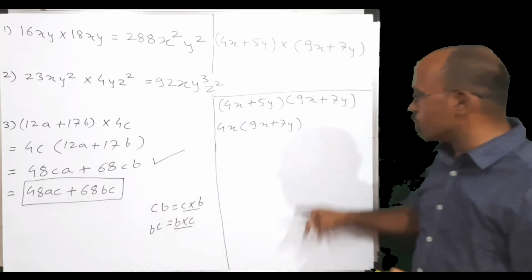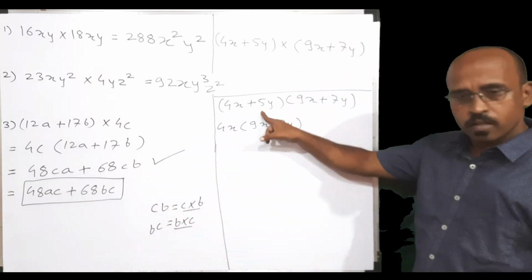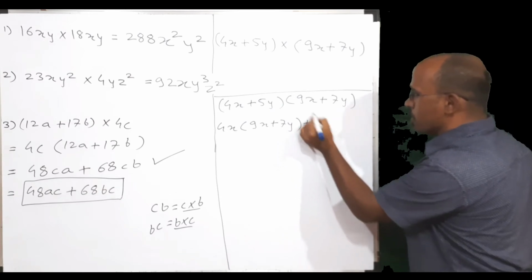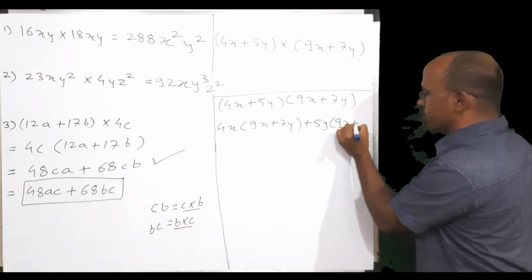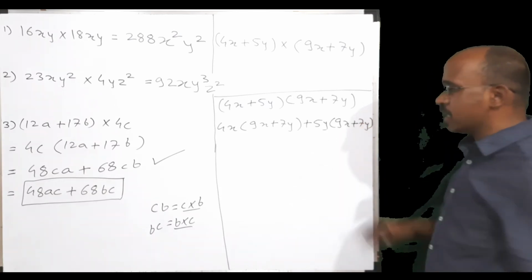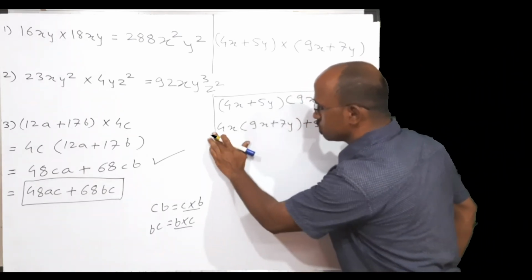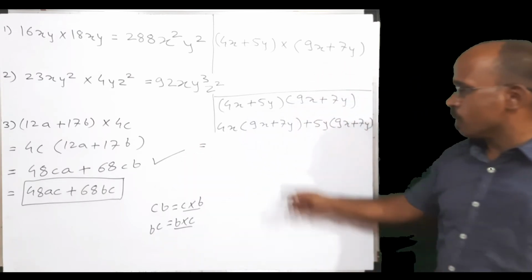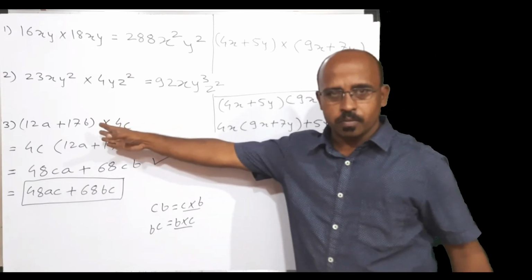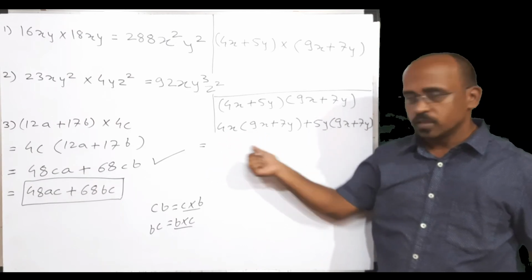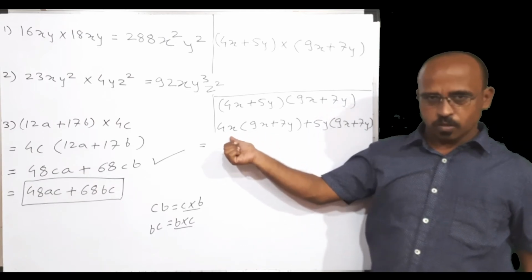Now we have to multiply this 9x plus 7y by 5y, so we will write it as plus 5y multiplied by 9x plus 7y. Clear? Which is equals to. Now this is this kind of example. We have to multiply each and every term in this bracket by this term out of the bracket.